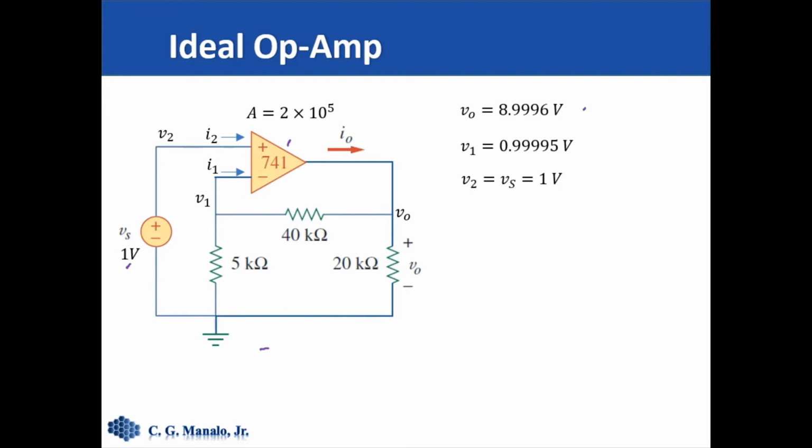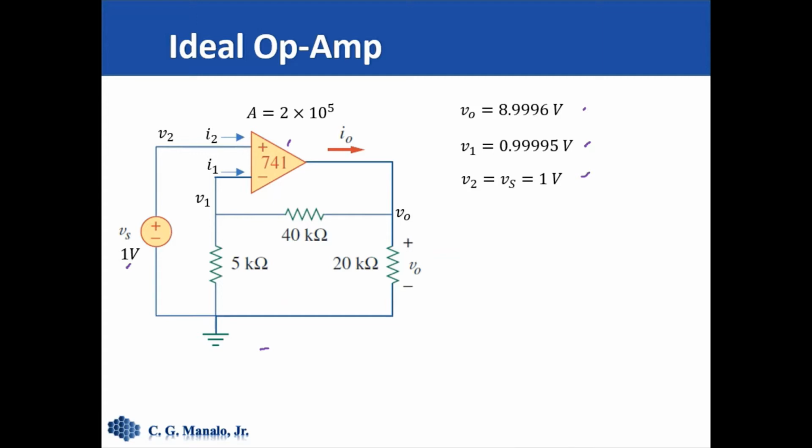Further, we also computed for the potential of V sub 1, and what we got is a voltage of 1 volt. The potential of V sub 2 is the same as the input voltage, which is 1 volt.